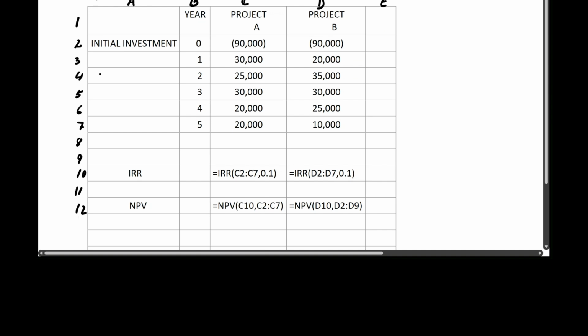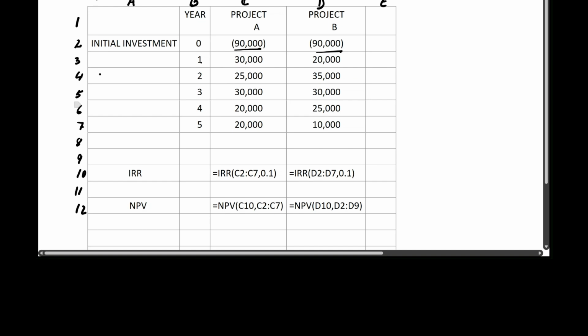You have 12 rows and A, B, C, and five columns, and you're going to put your data like this. For year zero, that's the year you make that investment, $90,000, and from year one to year five, these are the years for the cash flow. Okay, you're going to get out of the project.